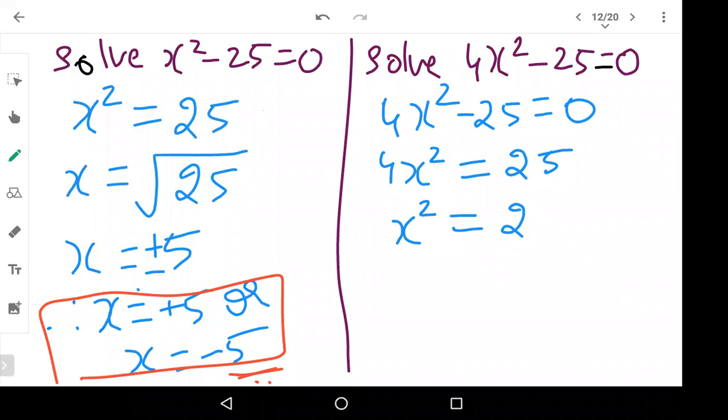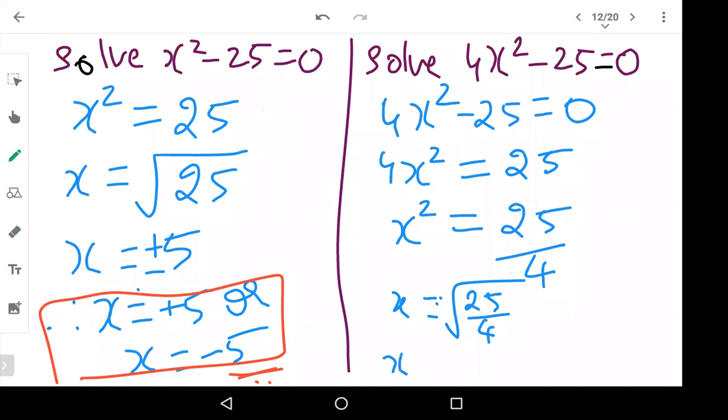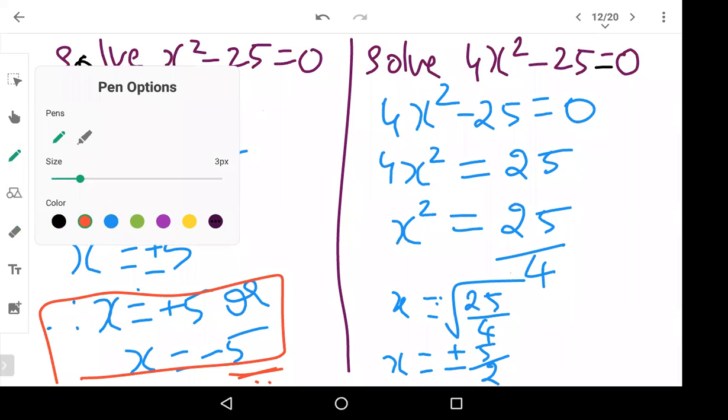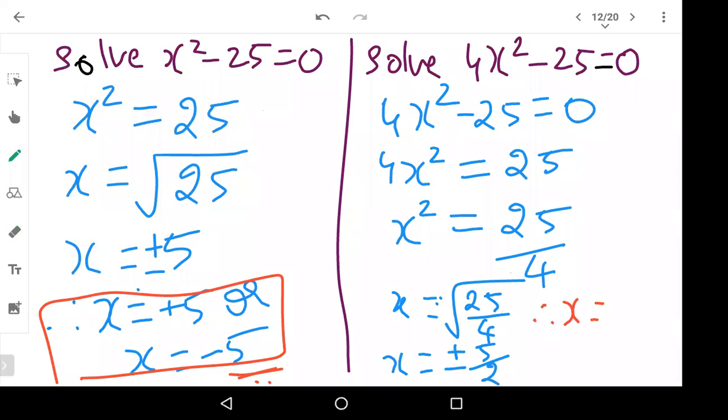So x is equal to the square root of 25 by 4, which is plus or minus 5 by 2. Therefore, x will be plus 5 by 2 or minus 5 by 2.